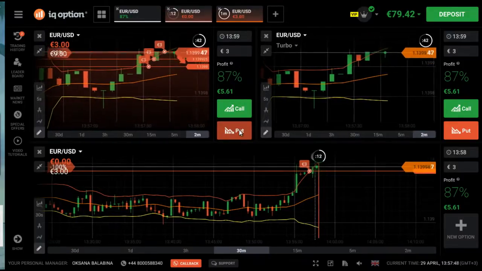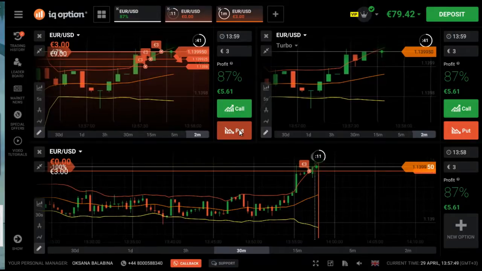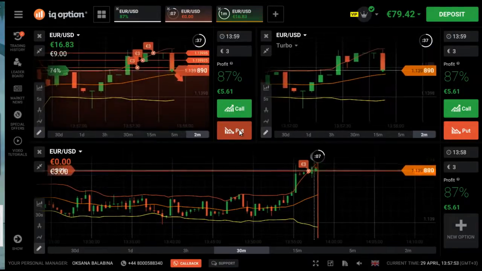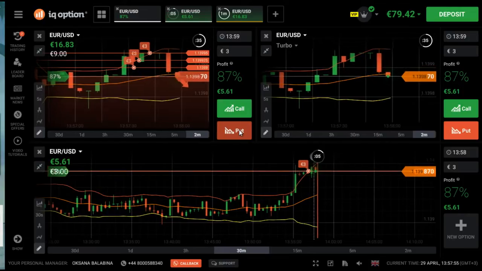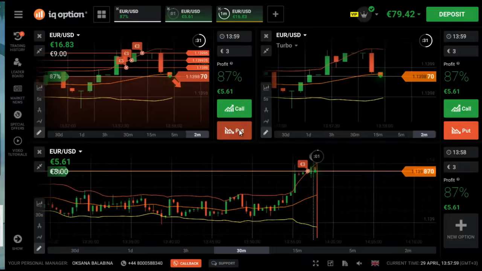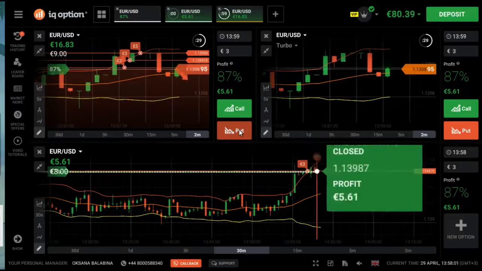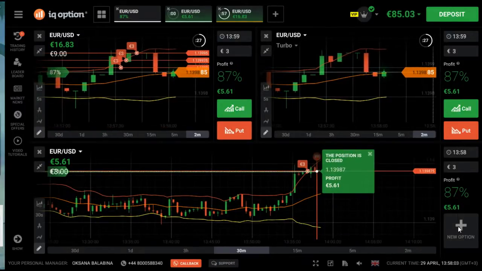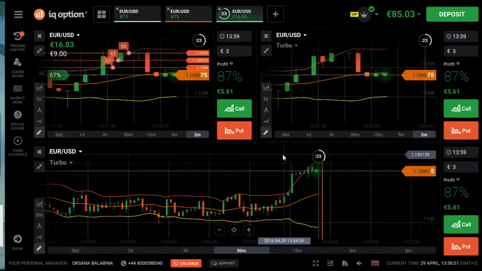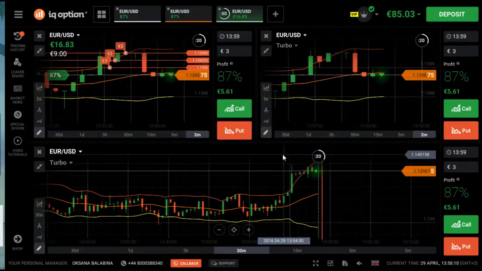As you can see on the 30-second chart, greens still keep growing. This is a pretty long trend it created, lasting for about 5 minutes. But I think this trend is over now.